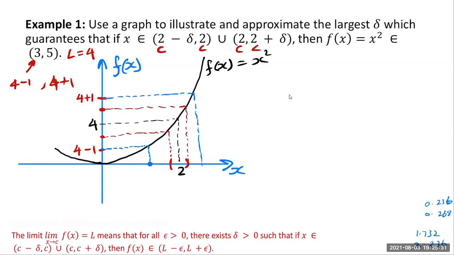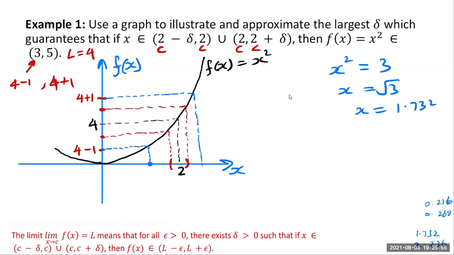How do I find these x values? Very simple, right? You set x squared equal to 3 to find this x value. This is nothing but the square root of 3. You take the square root of both sides, so you will get x is equal to 1.732.